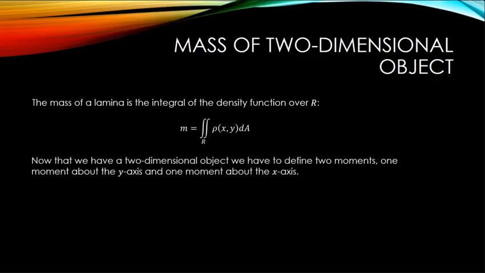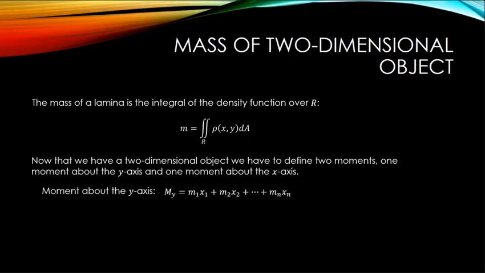Now that I have a two-dimensional object, we can define two moments, one which is the moment about the y-axis and one which will be the moment about the x-axis. Be careful here. The moment about the y-axis is given by capital M sub y equals m sub 1 x sub 1 plus m sub 2 x sub 2 plus all the other terms up to m sub n x sub n.